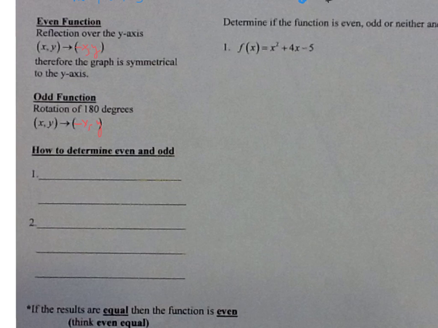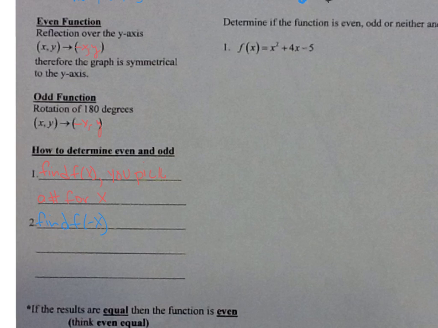All right, so now how do we determine if a function is even or odd? So the first thing you're going to do, step 1, is find f of x. Now what you're going to do is you're going to pick a number for x. And then what you're going to do is find f of negative x.